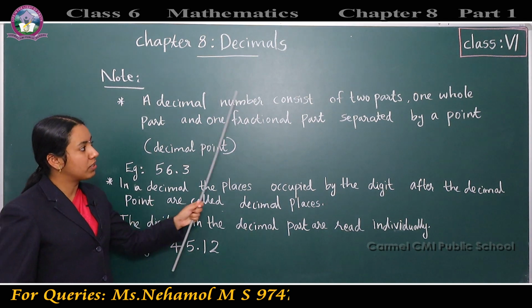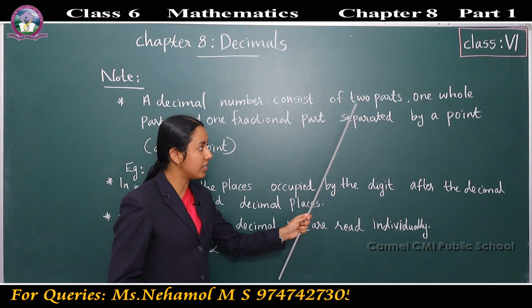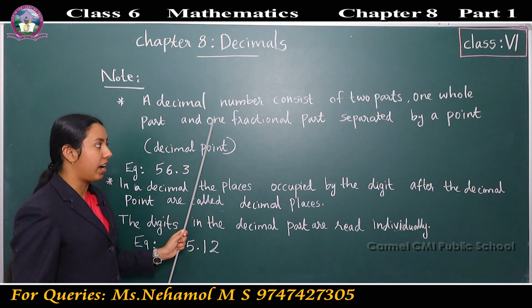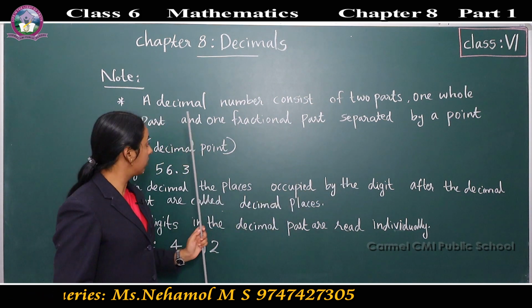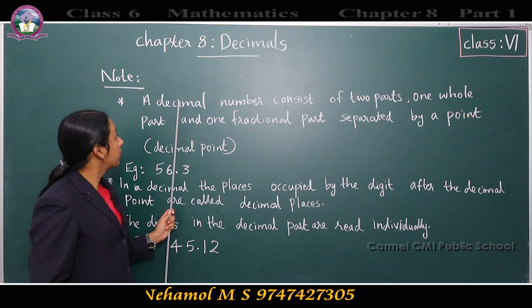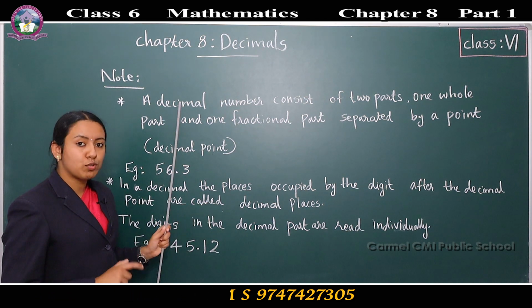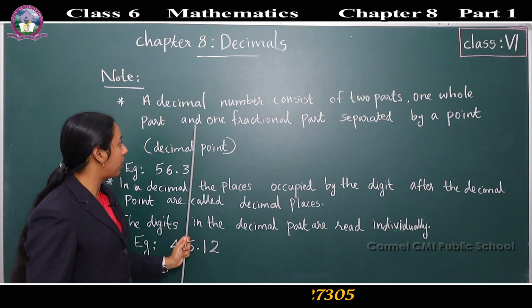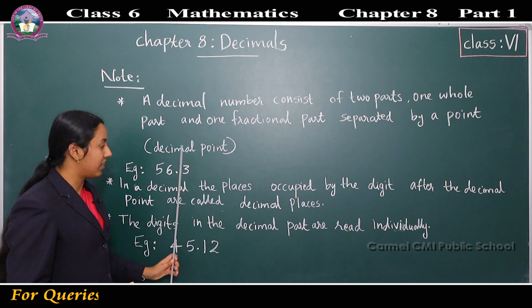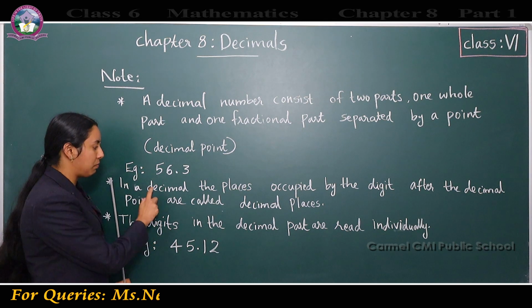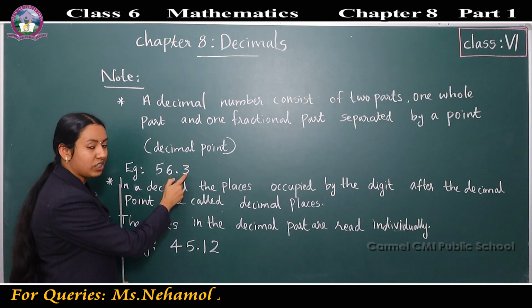Next one, note. A decimal number consists of 2 parts, one whole part and one fractional part, separated by a point known as the decimal point. Consider the example 56.3.